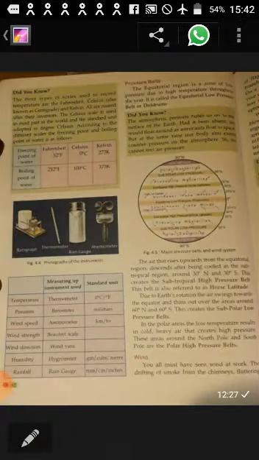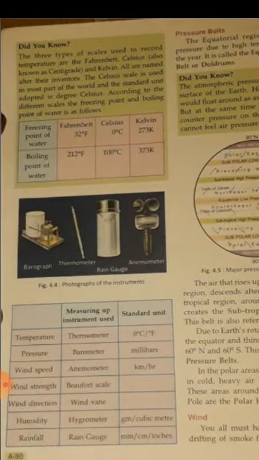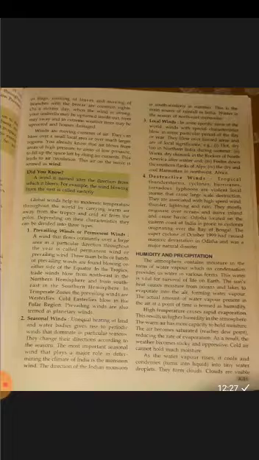Now let us know about this next element of weather and climate, that is wind. You all must have seen wind at work. The drifting of smoke from the chimneys, fluttering of flags, rustling of leaves, and moving of branches with the breeze are common sights.